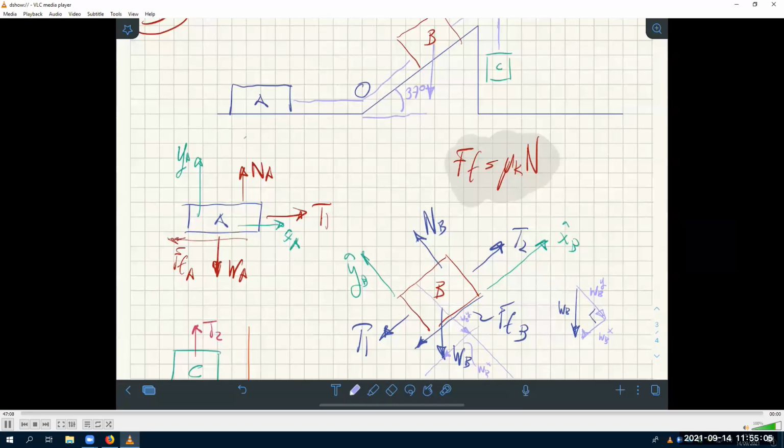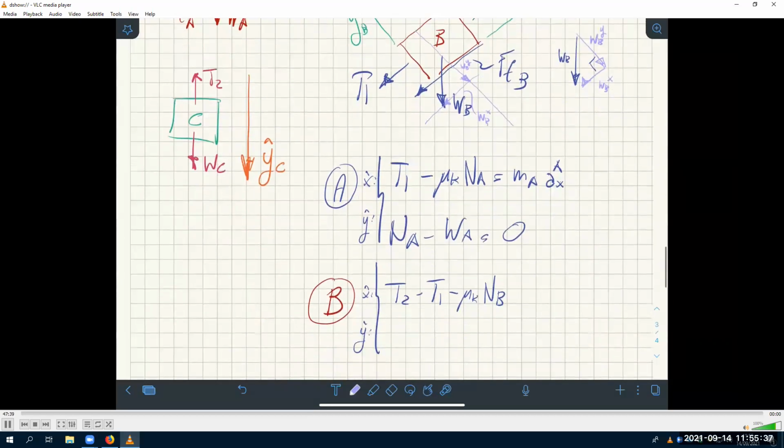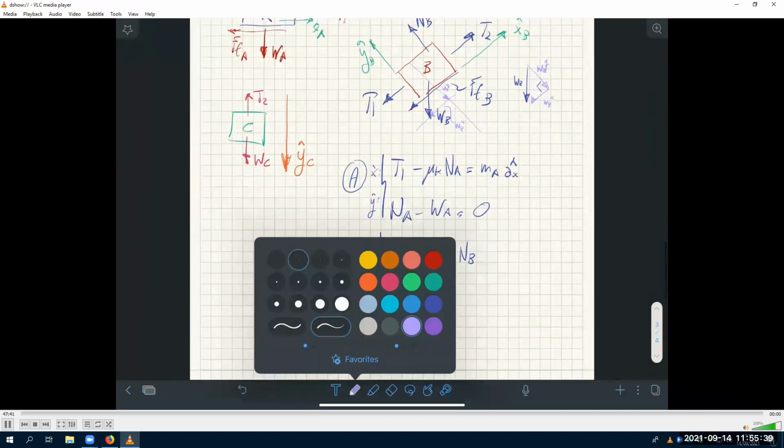This is 37, so the horizontal line and this line make 37. If we take the perpendicular to the horizontal line and the perpendicular to the ground, they also make 37 because I'm just rotating the angle 90 degrees. So the perpendicular to edge 1 and the perpendicular to edge 2 make the same angle. Yes, okay, I'll give you a break now, don't worry. And so let's do this.